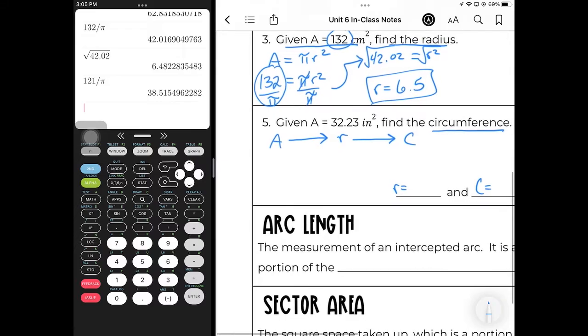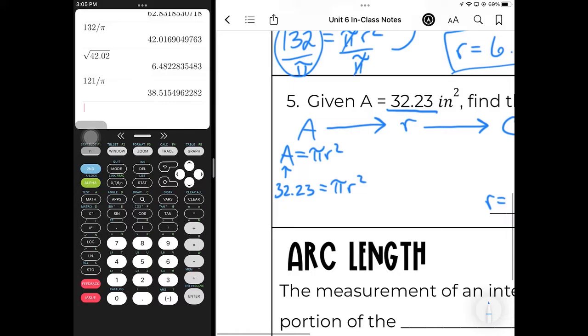So let's start with the area formula. Area equals pi r squared. I'm going to take this 32.23 and plug it in for A. So 32.23 equals pi r squared. To solve for r, we divide by pi, kind of like we did on number 3 above. 32.23 divided by pi is about 10.26.